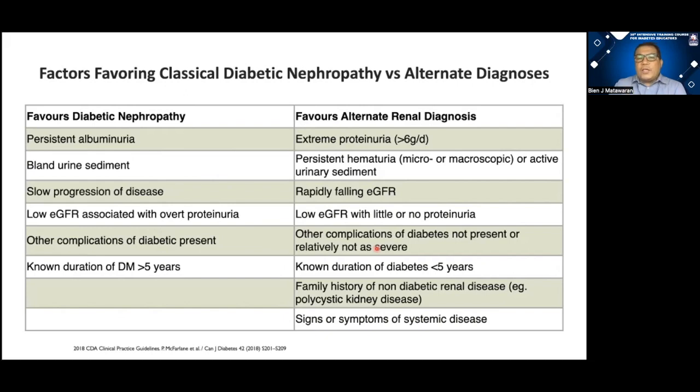So other complications of diabetes are not present, for example a patient with severe diabetic nephropathy without retinopathy, or a duration of diabetes that is very short, less than 5 years. If there's a family history of non-diabetic renal disease like polycystic kidney disease, and there are signs of systemic disease like SLE, then you have to remember that those factors may not be due to diabetes alone.